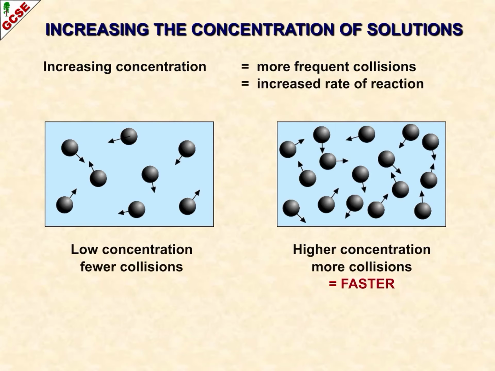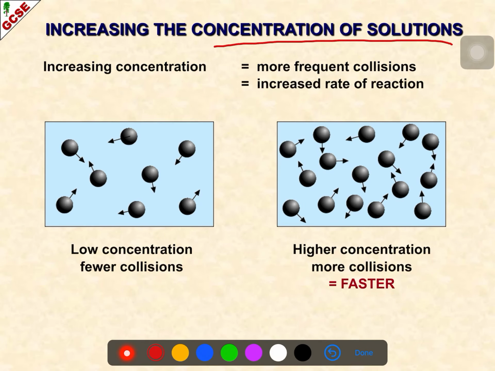So the third, we did two of the factors that increase the chemical reaction. The first one is increasing temperature. The second one is adding a catalyst. So this is now the third, increasing the concentration of the solution.